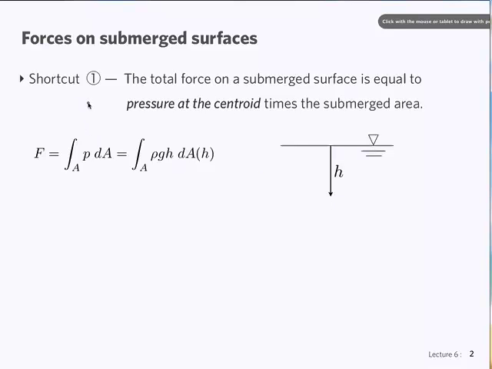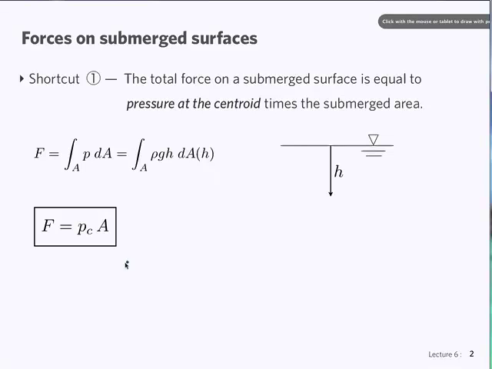Now, one shortcut that you can use for regular geometries, like a rectangle or a disc, is that you can calculate the total force on the submerged surface by multiplying the pressure at the centroid times the area. So this is the simplified formula for the force on a submerged surface.